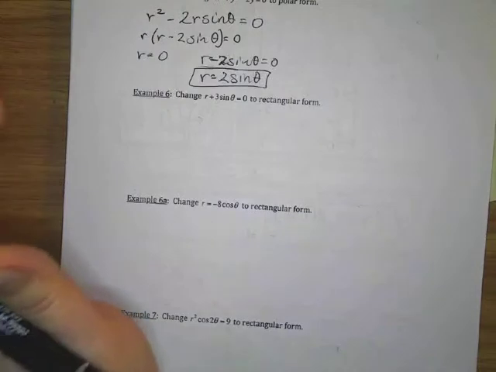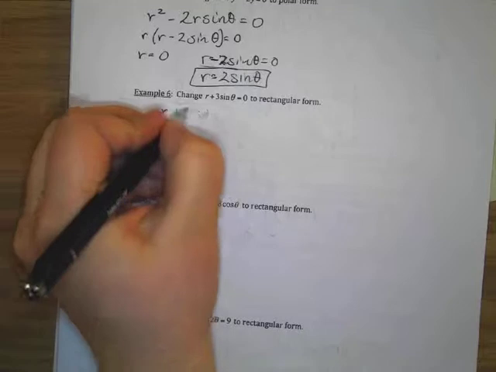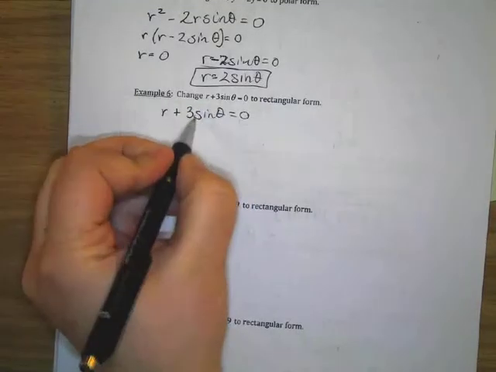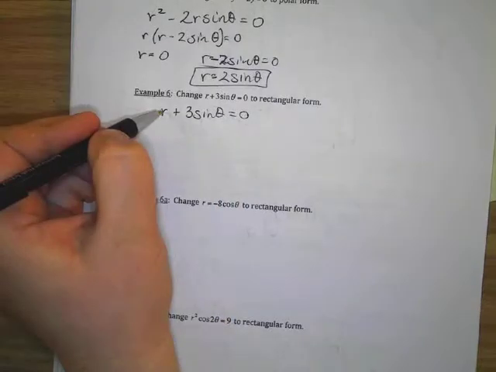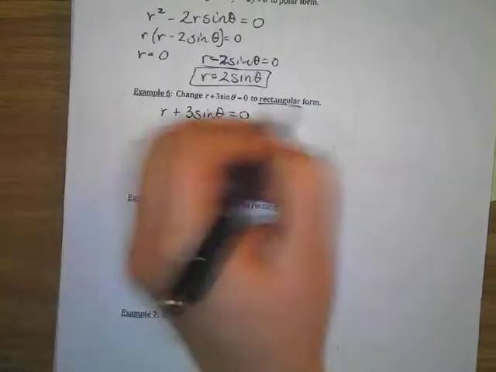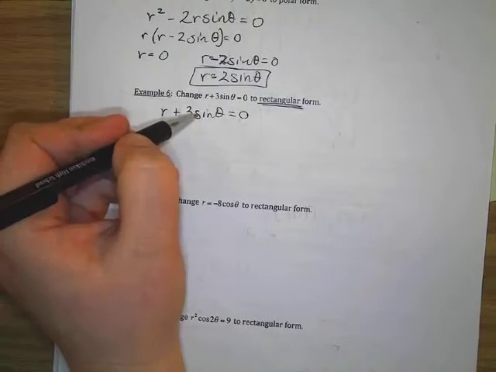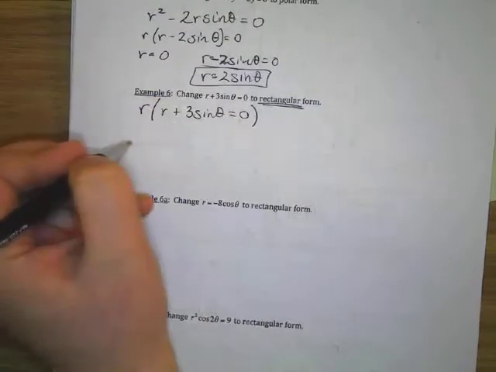We're not always allowed to do this in rectangular, but we can do this in polar. So we're going to take this, and I really wish this was an r sine theta, and I really wish this was an r squared. Because I can change it, since we're going to rectangular. I can change an r squared to x squared plus y squared, and I can change an r sine theta to y. So what we're going to do is multiply everything by r.